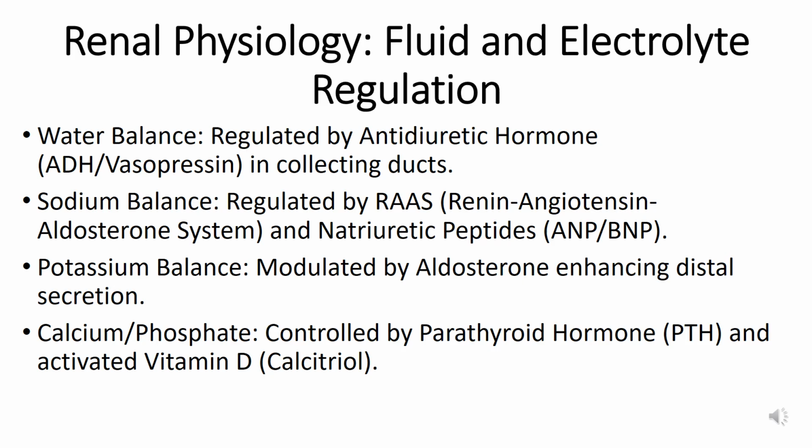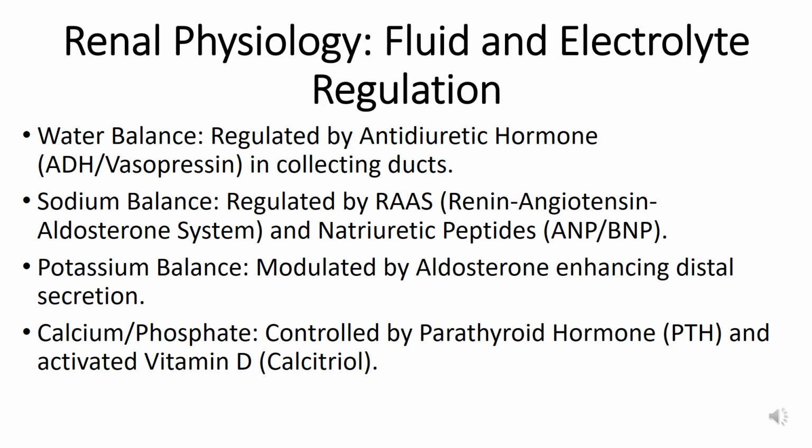Potassium balance is equally important. Potassium is essential for nerve conduction and muscle contraction. Even small changes in potassium levels can be dangerous. The kidneys are the primary organs responsible for potassium regulation. Aldosterone plays a major role here as well. It stimulates potassium secretion into the distal tubules. This allows excess potassium to be removed through the urine.